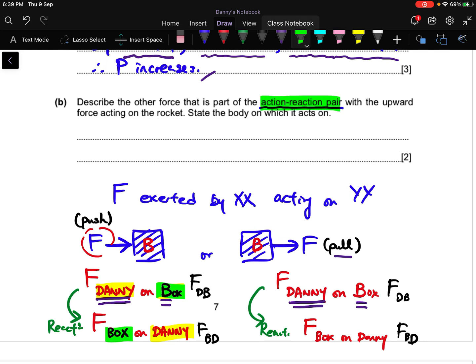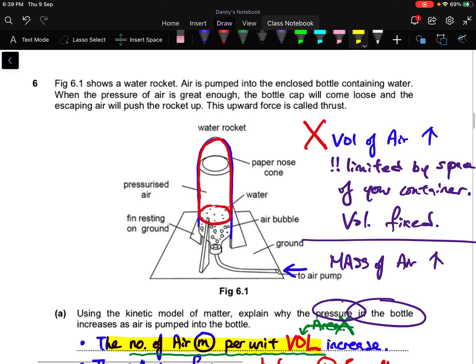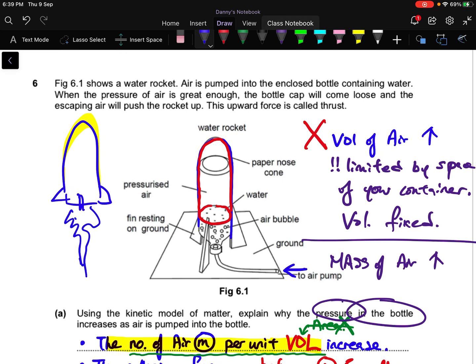They want the reaction force, action-reaction, so they want the reaction force of this particular upward force. And this force is acting on the rocket. They didn't tell you it is by what, but you can guess, right? The rocket is going to fly up because the water and the air or whatever is going to be pushed down.